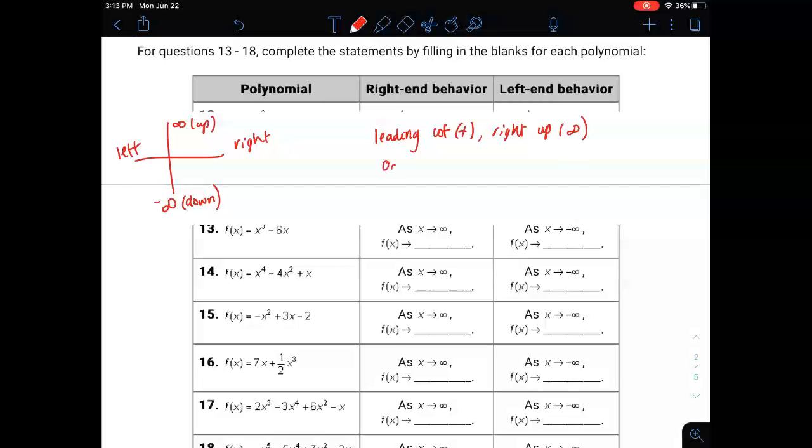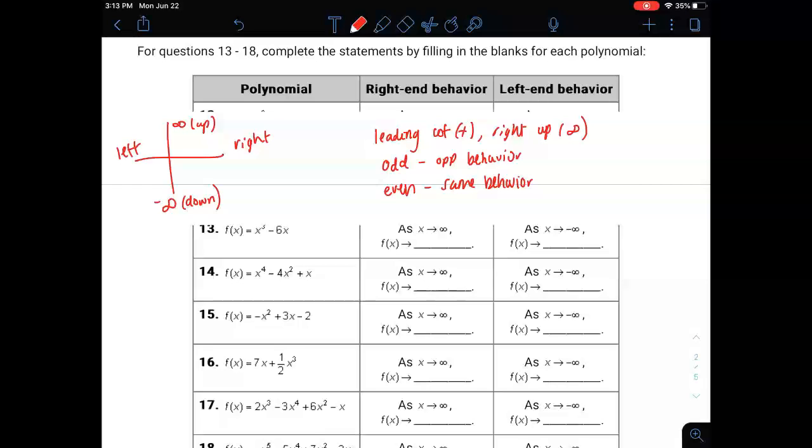And then based on whether it's odd or even, even is going to be the same behavior on the left, and odd is going to be the opposite behavior. We'll work through a couple examples of what that looks like. If we skip number 13 because it's a little bit cut off, we look at 14 here.